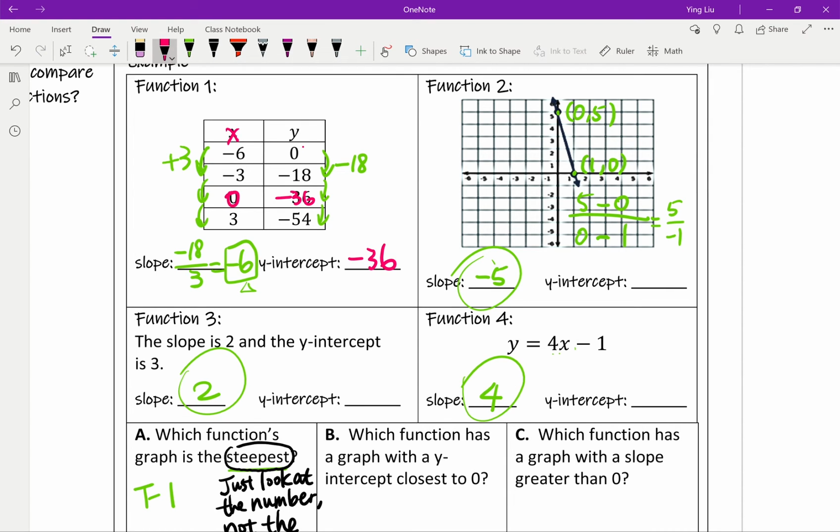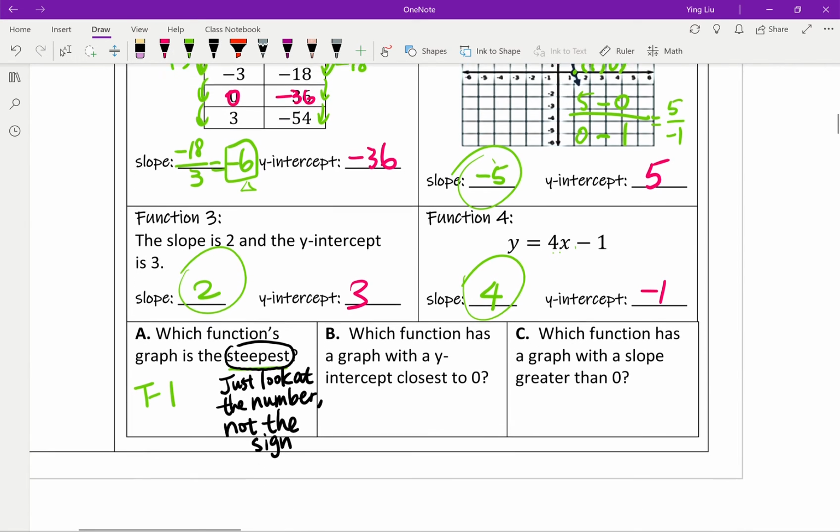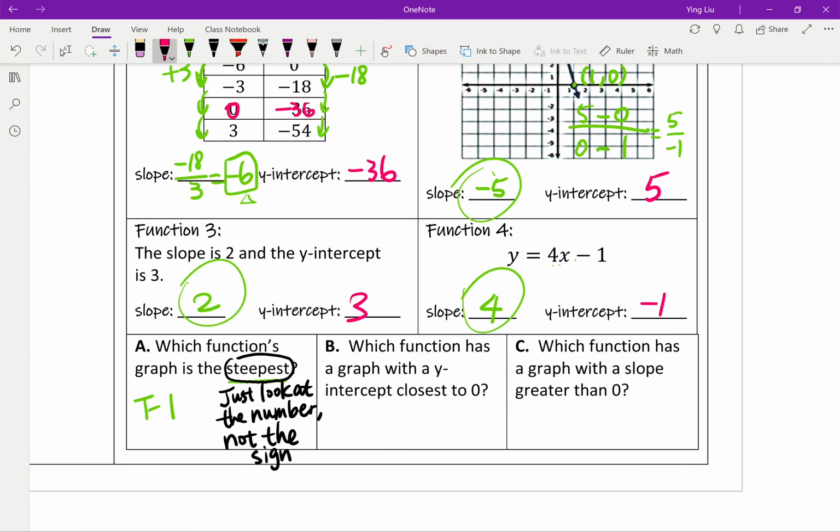For the second function, the y-intercept is pretty straightforward. It's on the graph, where the line crosses the y-axis. So 5 is the y-intercept. The third function tells you it's 3. For the fourth function, the y-intercept is the plus b part, so negative 1 is our y-intercept. Comparing all these numbers, which number is closest to 0?